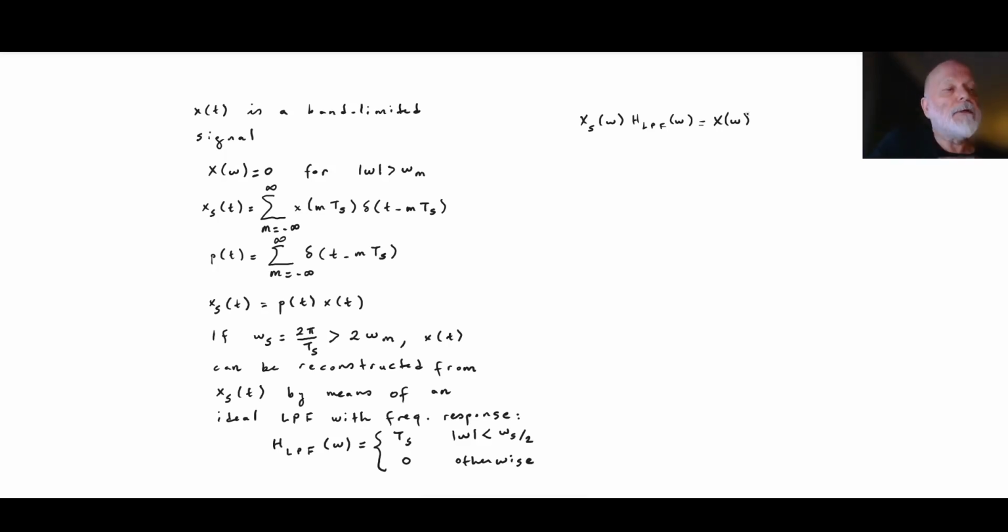Now, we have seen this in the video related to the Shannon sampling theorem with all the details. Now, in this video, we are going to see the time domain version of this last expression.